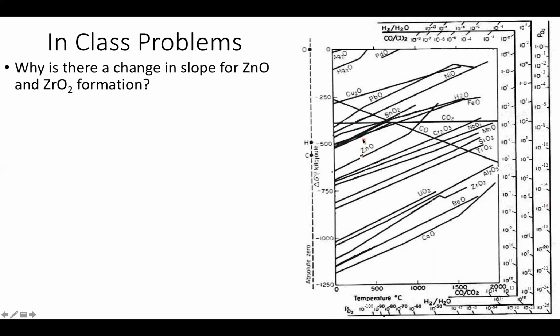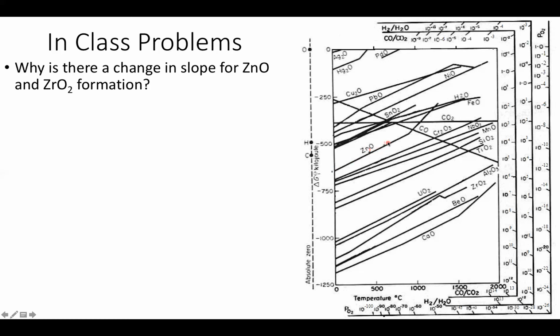So when I say zinc oxide, what I'm talking about is the formation of zinc plus a half equivalent of oxygen to form zinc oxide. And we tend to see a relatively straight decrease in the favorability of this reaction as I go to higher temperature.